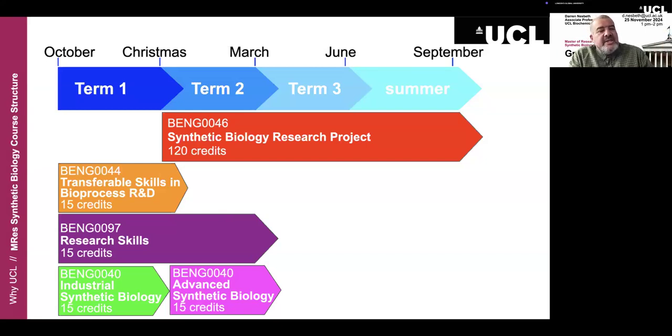So a project has to meet certain criteria in order for BN0046 as a module, as an educational experience, to deliver certain learning outcomes. It takes arguably decades of experience to propose and design a project that can, within the timescale, have a good likelihood of delivering the experiences and the data sets to give you those opportunities for those skills.